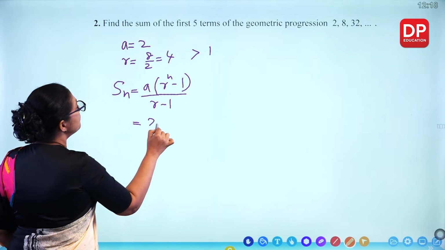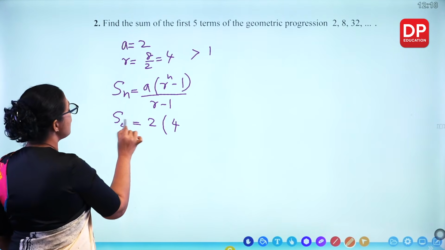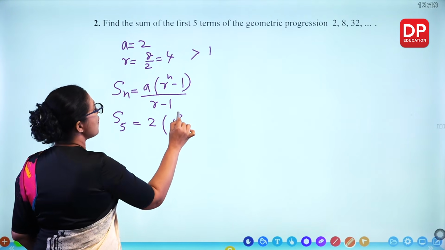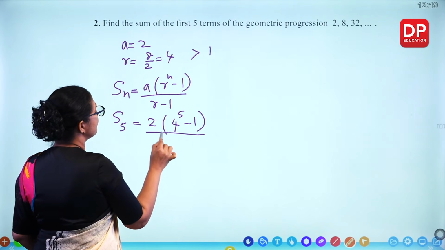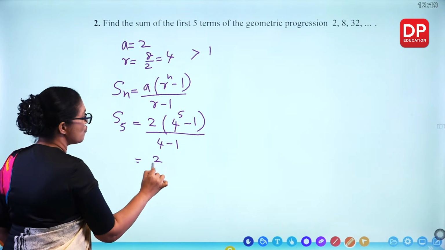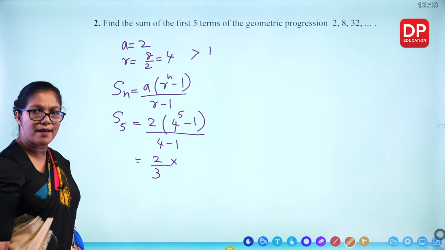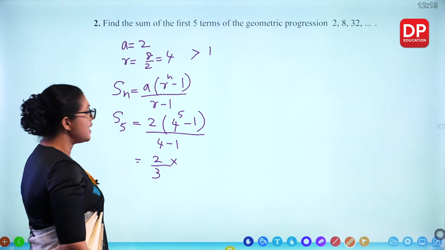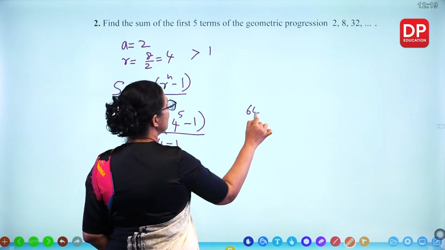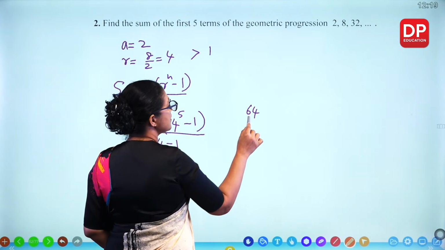First term is 2, ratio is 4, and we need the first 5 terms. n is 5. 4 minus 1 is 3. What is 4 to the power 5? 4 to the power 3 is 64. 64 times 16.